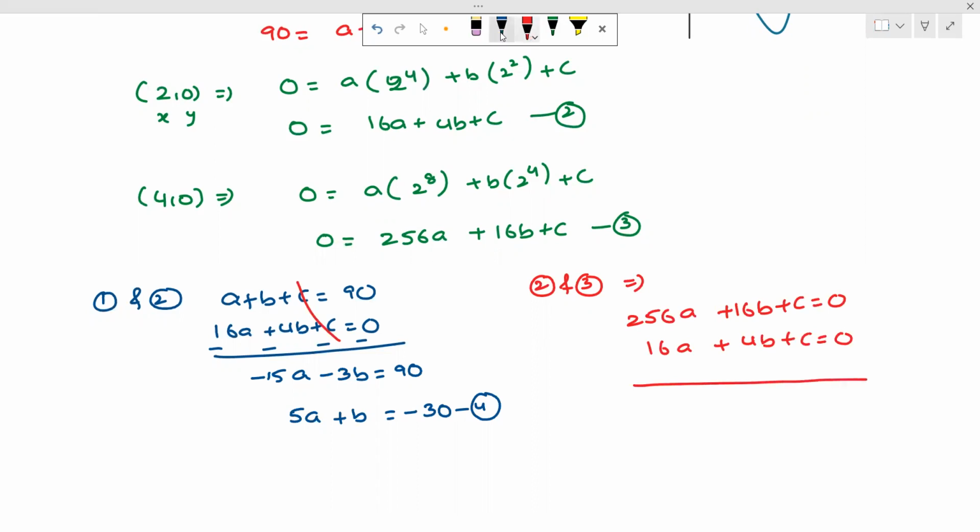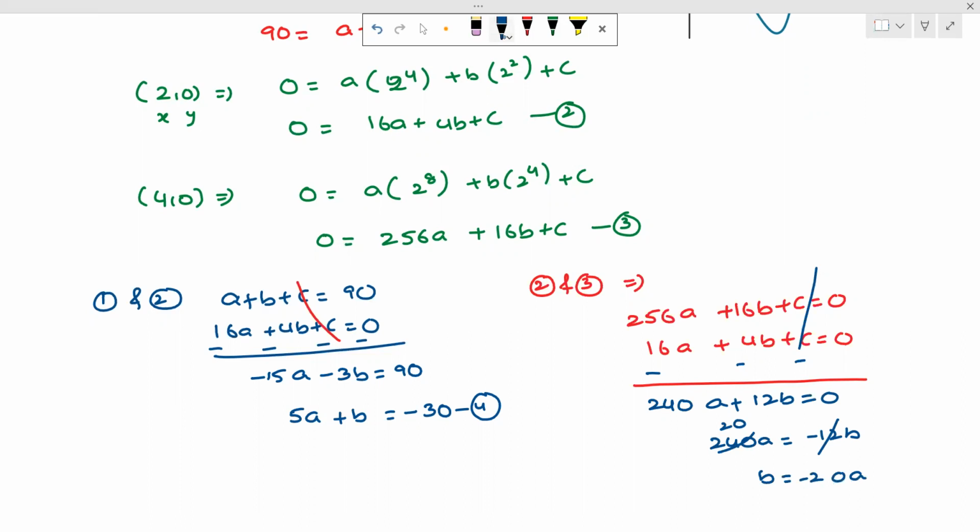Now you subtract, minus c gets cancelled. 256 minus 16 is 240a, plus 16 minus 4 is 12b, which is 0. So 240a equals minus 12b. 12 times 1, 12 times 20, so b equals minus 20a.